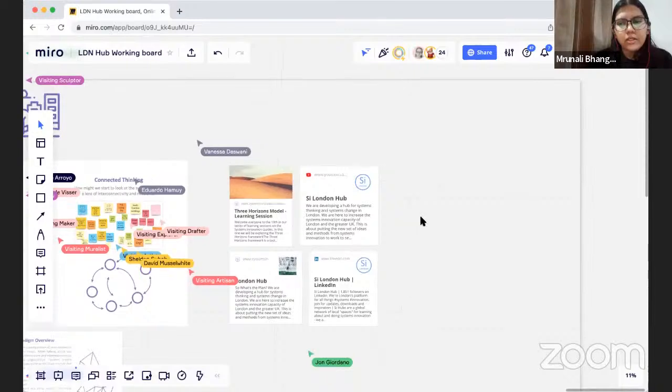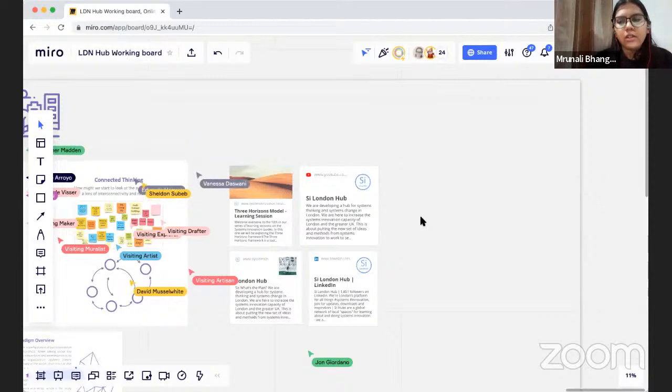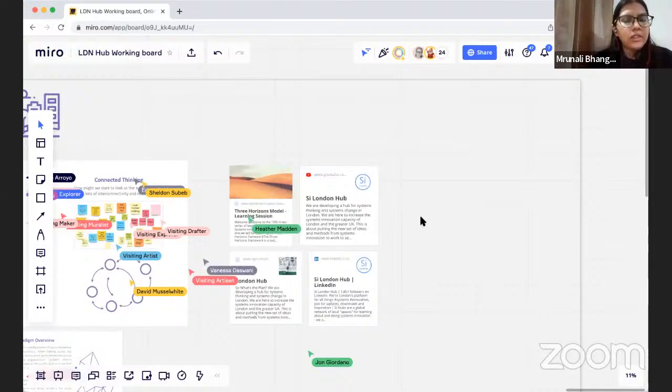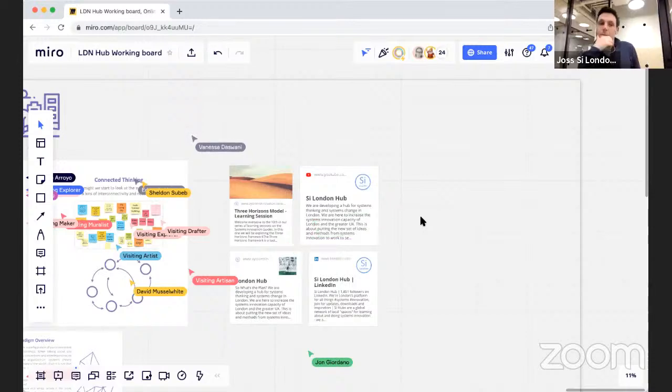A question last. I'm just going to read it out, but John, let me know if it's not got it right. So it says that the connections form in loops. Is it the difference between linear and systems? The connections form loops. Yeah, that's one thing.